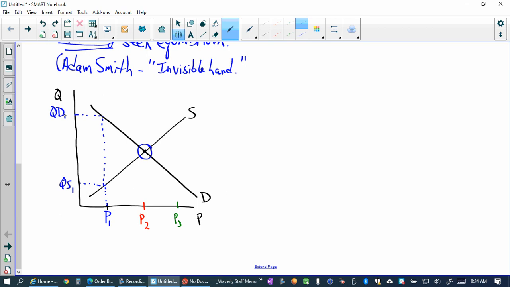So at price 1, where it's lower than that equilibrium price, what's happening here? First let me ask you, if there's a whole lot of things out there, what do you think happens to the value of them? It goes down, right? If there's very few of something that you might need, like apples, let's say something happened and there's only one apple tree left on the planet.